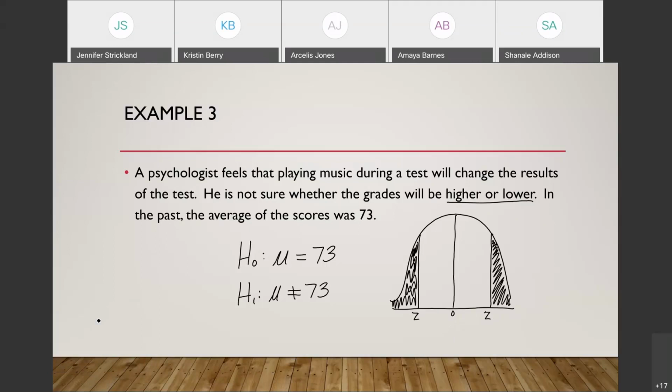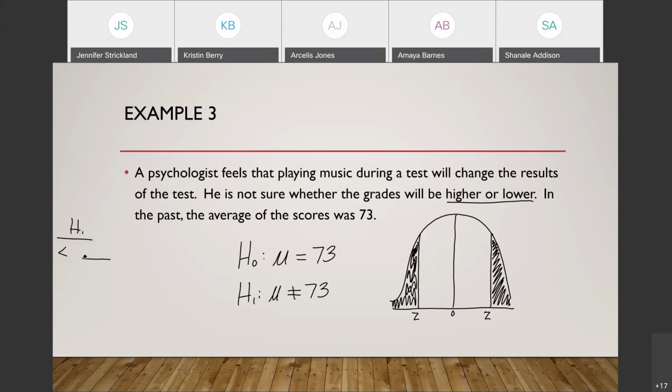Okay, just a quick recap. So if your H1 has that symbol, you shade on which side? That symbol is what? That's the left. Remember, like you do it with your finger and it looks sort of like an L, so that's the less than, so you're going to shade on the left, right?